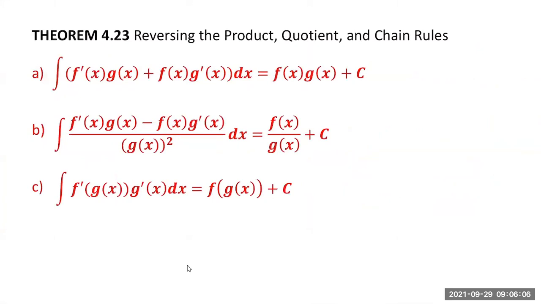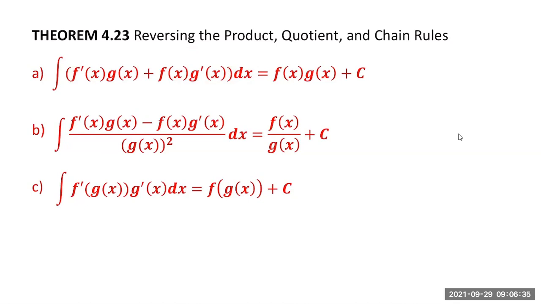And then we have theorem 4.23, reversing the product, quotient, and chain rules. So this is also some very important indefinite integral formulas. The indefinite integral of this particular function, f prime of x g of x plus f of x g prime of x. This should remind you of something from calculus 1.